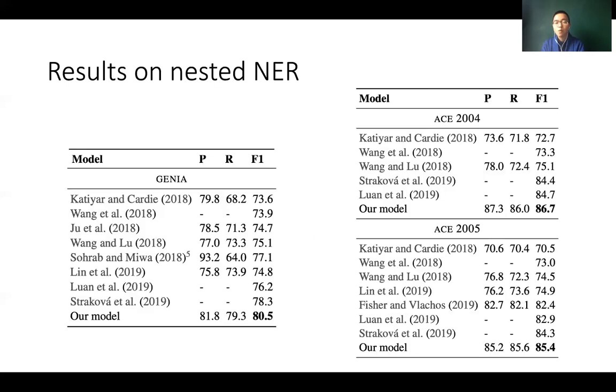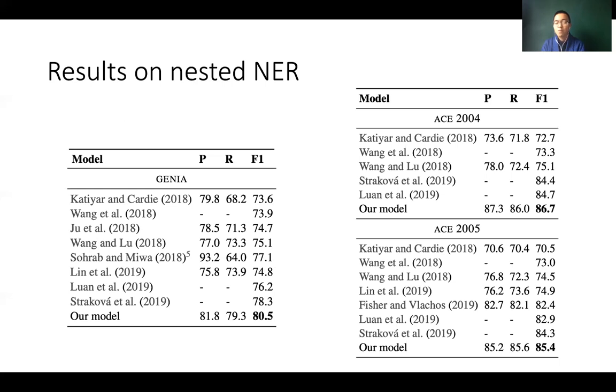So after we built our system, we evaluated it in all different settings and on different corpora. For nested NER, we evaluated on 3 major nested NER corpora, which include the GENIA corpus, ACE 2004, and the ACE 2005 corpus.